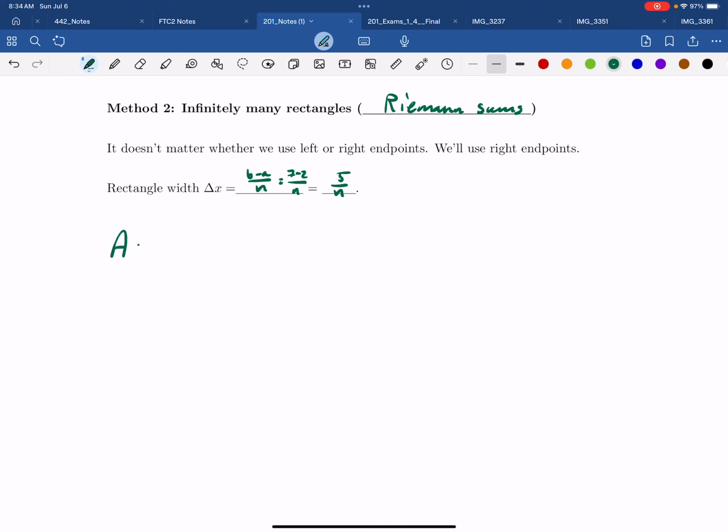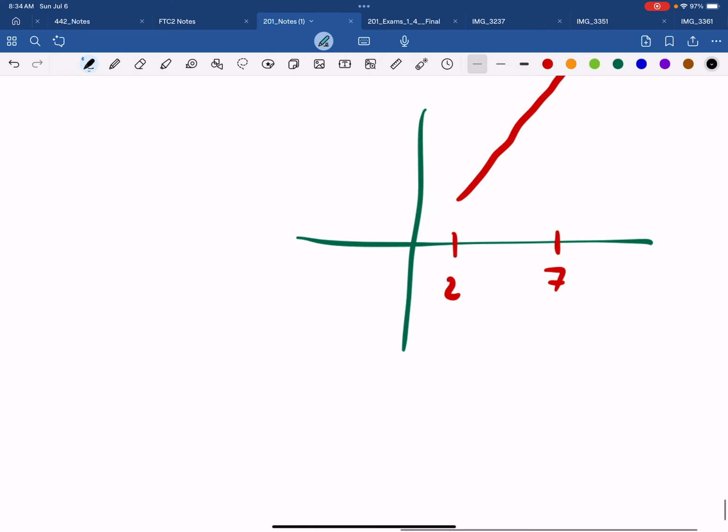And so the area of all of our rectangles is going to be an infinite sum. Let me just quickly illustrate what's going on here. We've got this curve. For the first rectangle, this is just an illustration, it's arbitrarily thin, but we would find the height of that rectangle using right endpoints.